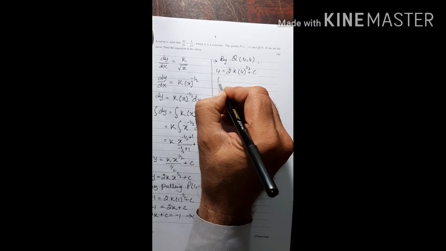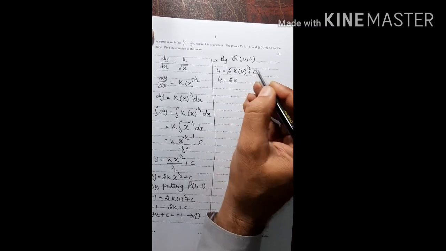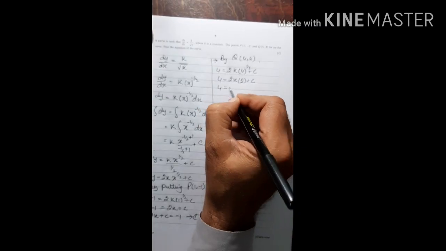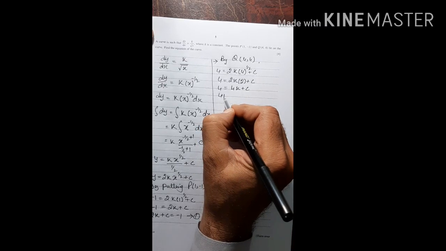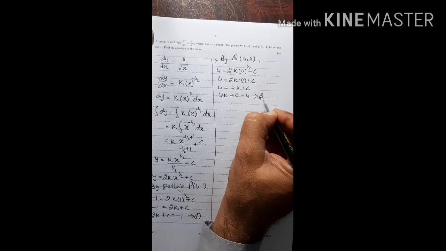So this becomes 4 is equal to 2k, 4 power 1 by 2 is 4, plus c. So 4 is equal to 4k plus c, or 4k plus c is equal to 4. This is equation number 2.